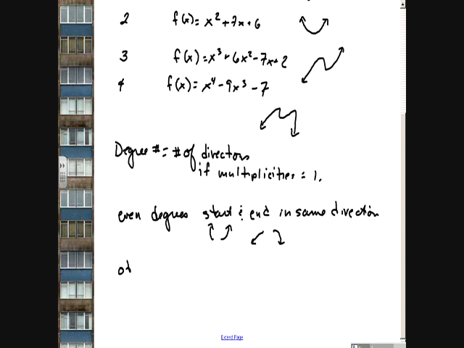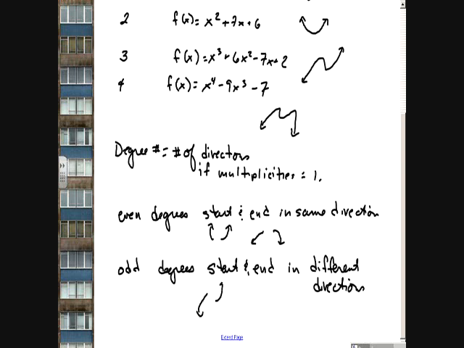So odd degrees start and end in different directions. And so it could start up as if the leading coefficient is positive, it's going to look like this. If the leading coefficient is negative, it's going to look like that.